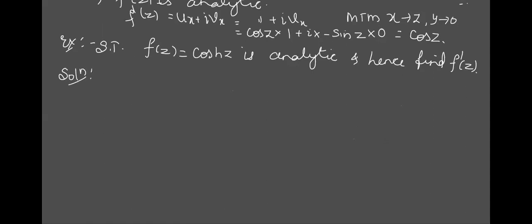I'll just try to show you the first part. Hope you understood. If you are doing it by understanding, it is good. See, we know that cos ix is cos hyperbolic x, so even the reverse is true: cos hyperbolic z can be written as cos iz. I keep my i out.